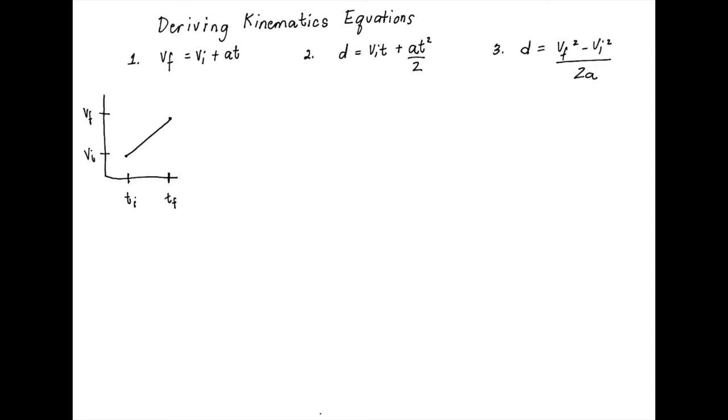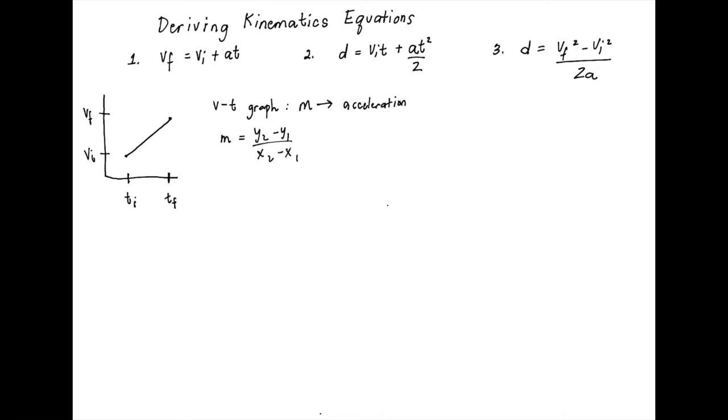Okay, remember in our VT graph, as we discussed earlier, the slope in a VT graph represents its acceleration. And the formula for acceleration is simply y sub 2 minus y sub 1 over x sub 2 minus x sub 1.